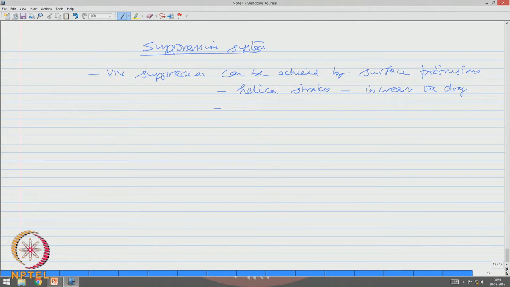One can also use helical wires, helically wound around the body, so both studies are carried out, like vertical wires and helical strips.